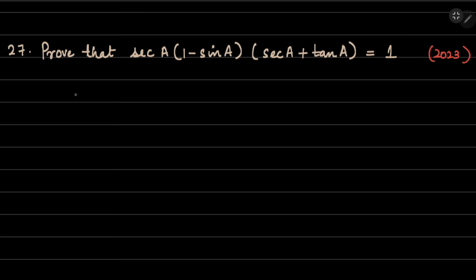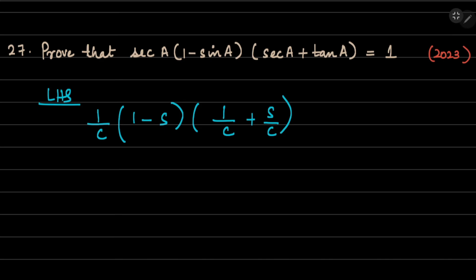So what is secant? Let's take our LHS. Secant is nothing but 1 over cos multiplied by 1 minus sine multiplied by 1 over cos plus tan is nothing but sine over cos. Right? Take the LCM now. Okay, let's keep this 1 minus sine separately. 1 minus sine, I'm going to take it separately.